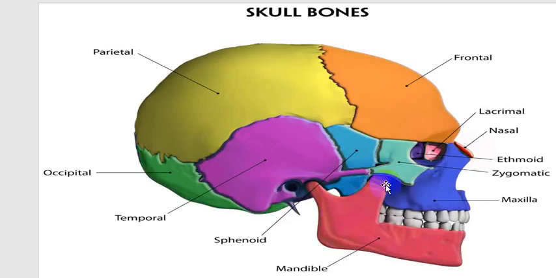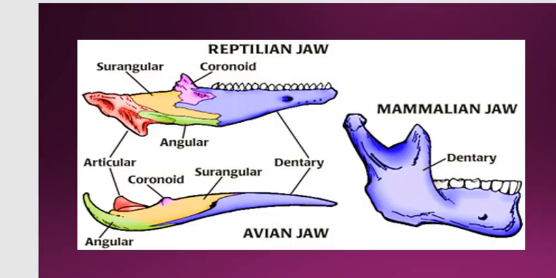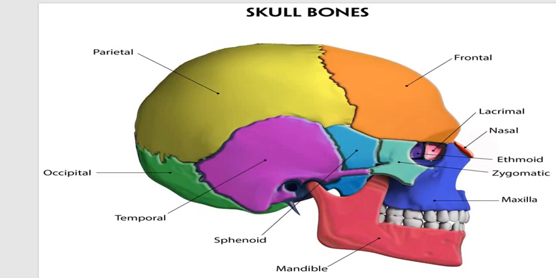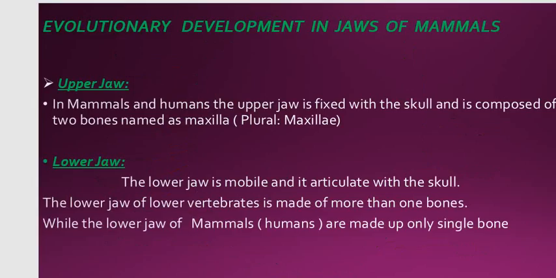Similar is the pattern of other mammals, because mammals have a single dentary lower jaw, as compared to the reptilian jaw or avian jaw. So this was the description of the jaws.